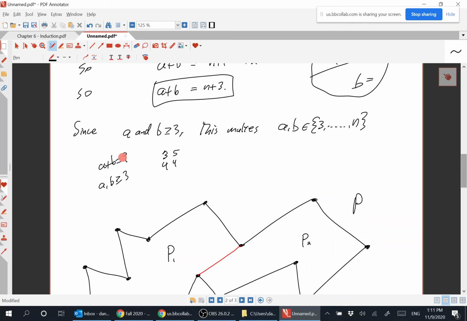Or if the sum was 10, then the possibilities would be 3 and 7, 4 and 6, 5 and 5, 6 and 4, and 7 and 3. The whole is equal to the sum of its parts. So if the smaller part is 3, then the larger part would be n. Here, if the smaller part was 3, the larger part would be 7, being 10 minus 3.